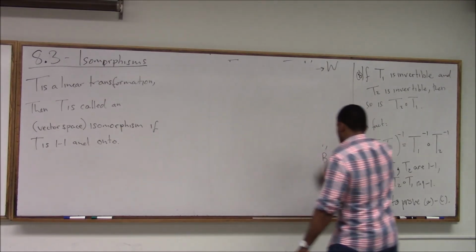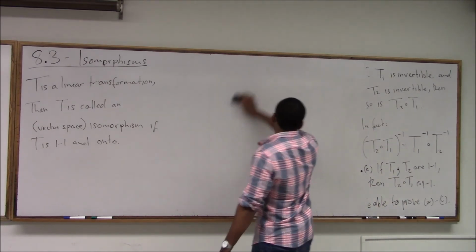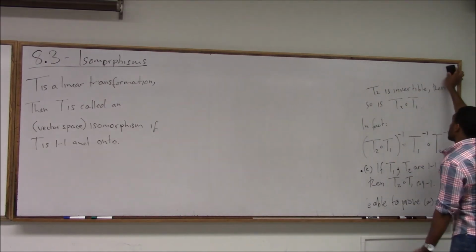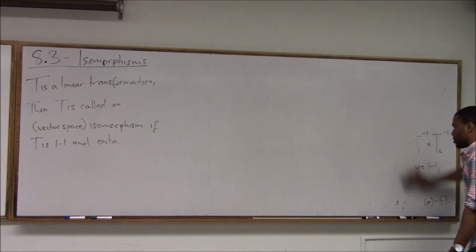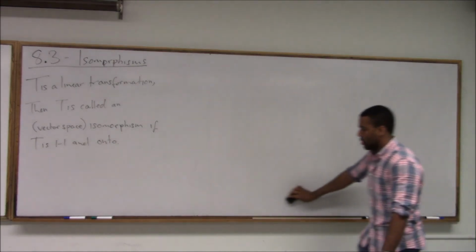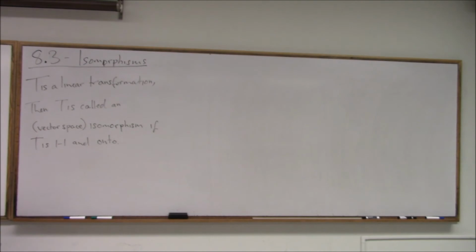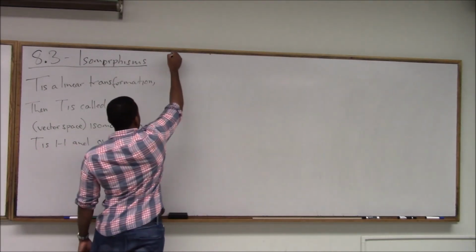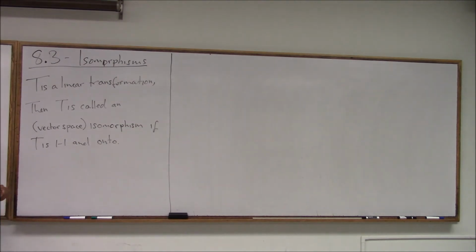We can preserve all sorts of things, not just vector spaces. I don't know if any of you took abstract algebra, for example, but you can talk about isomorphisms of groups, isomorphisms of rings, of fields, all sorts of things. And some things will have nice carryover, but not everything.